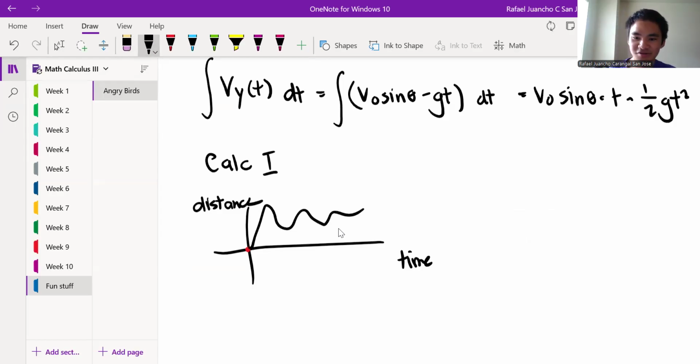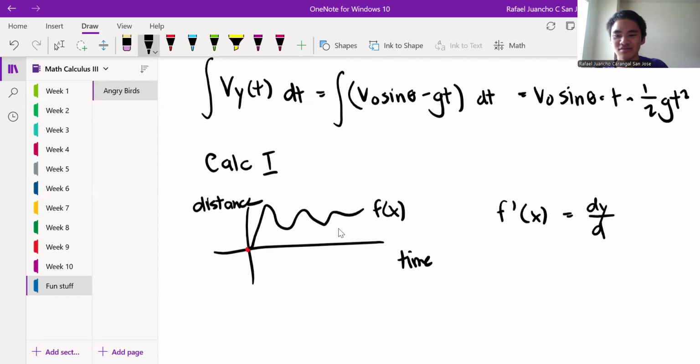It's not always a constant speed, right? How does that work? Well, that's when we use calculus. Given this function, let's say this is f of x, we take the derivative and get f prime of x, or another notation would be dy dx.